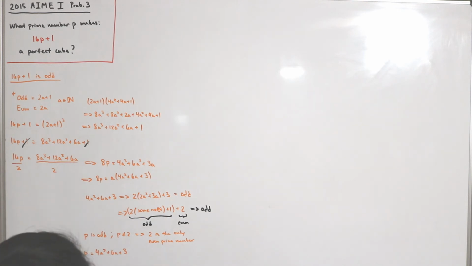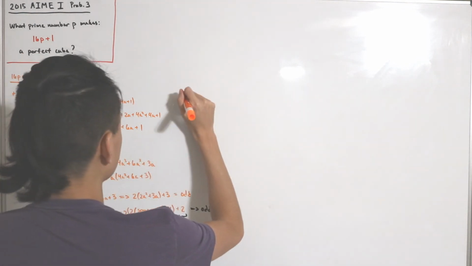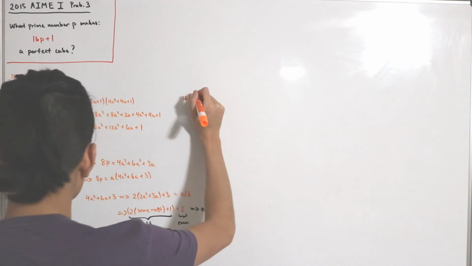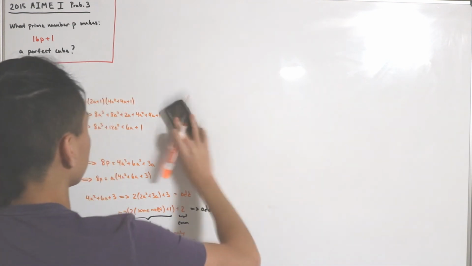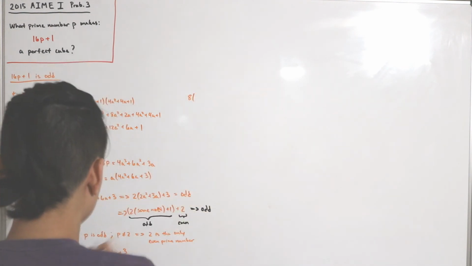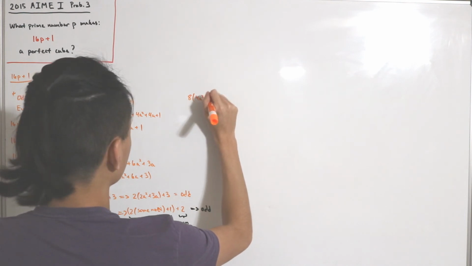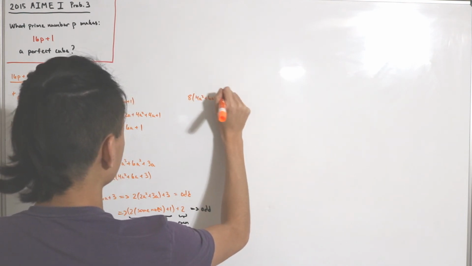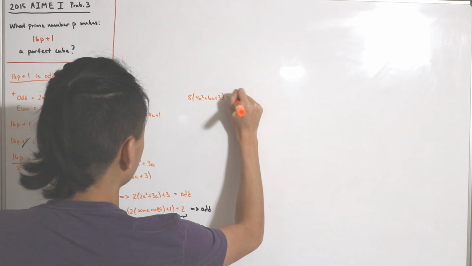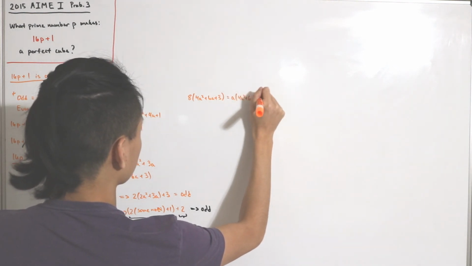Okay, cool. So now we have our equation for p, so let's substitute p back into here. So 16p, or rather 8p. I wanted to say 8. So 8 multiplied by 4a squared plus 6a plus 3 is equal to a times 4a squared plus 6a plus 3.